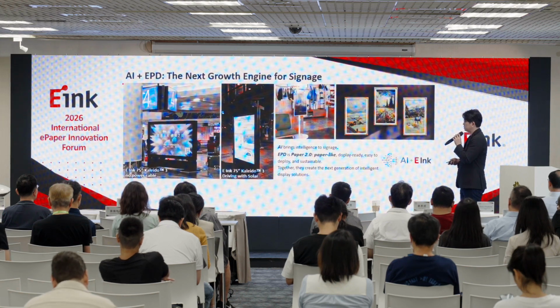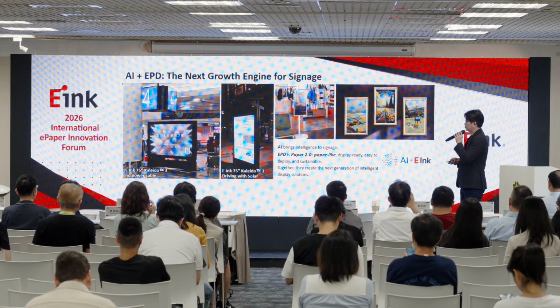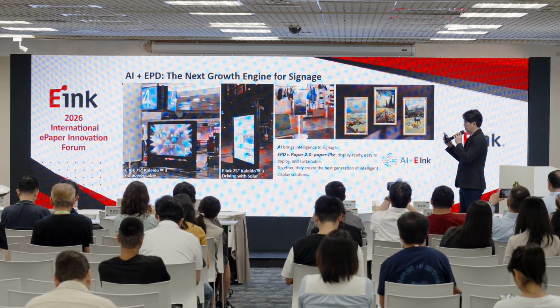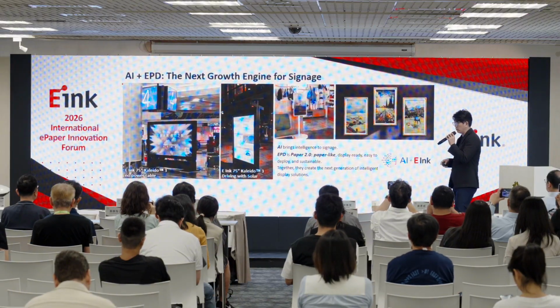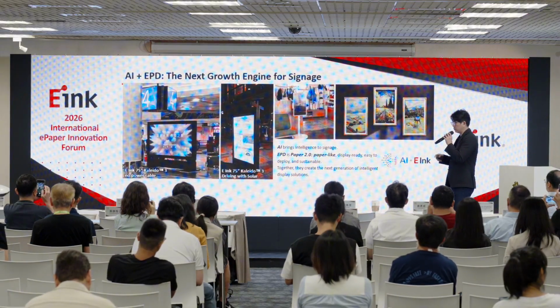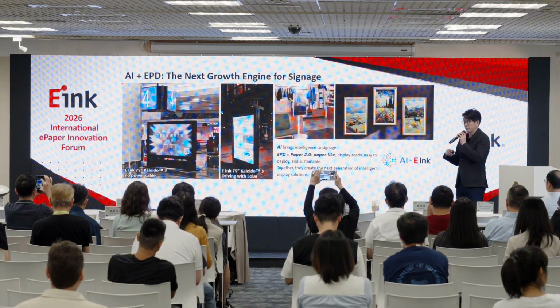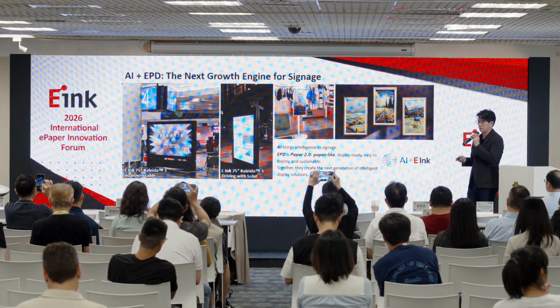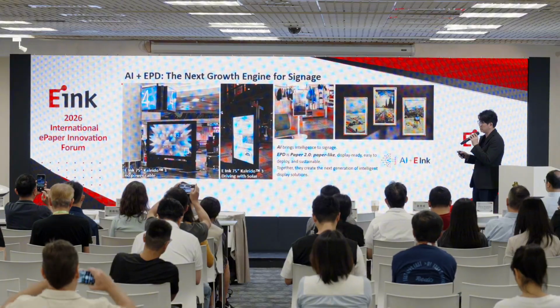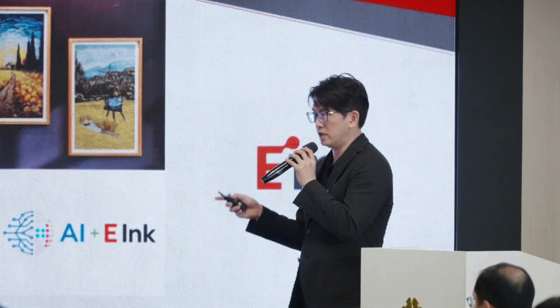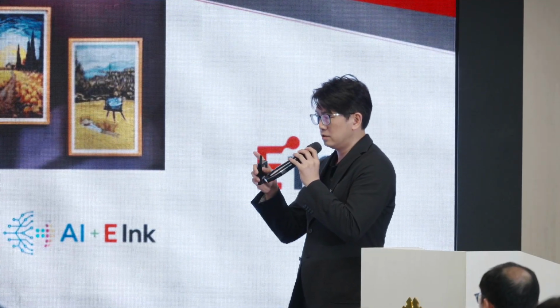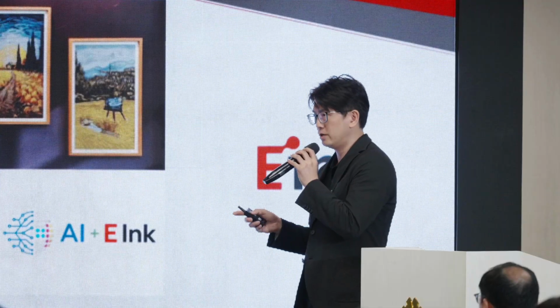So this is the last page. I believe the next generation is EPD, and combined with AI we have more growth, because in the beginning, Johnson said we want to replace paper. We will not compete with LCD or LED, because we want to make paper smart. In the past, the first generation was real paper, right?